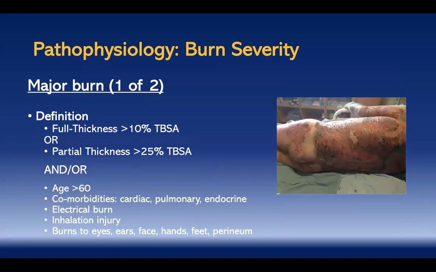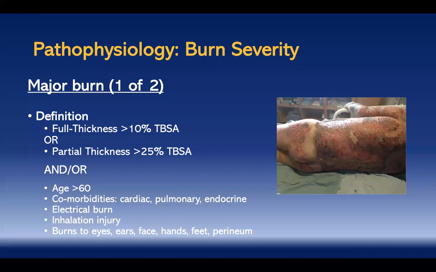A major burn is the most severe type and is defined as full thickness of greater than 10% of the total body surface area, or partial thickness greater than 25% of the total body surface area, and or a couple of other criteria that make these burns more complicated, such as advanced age, comorbidities, including cardiac, pulmonary, or endocrine issues.